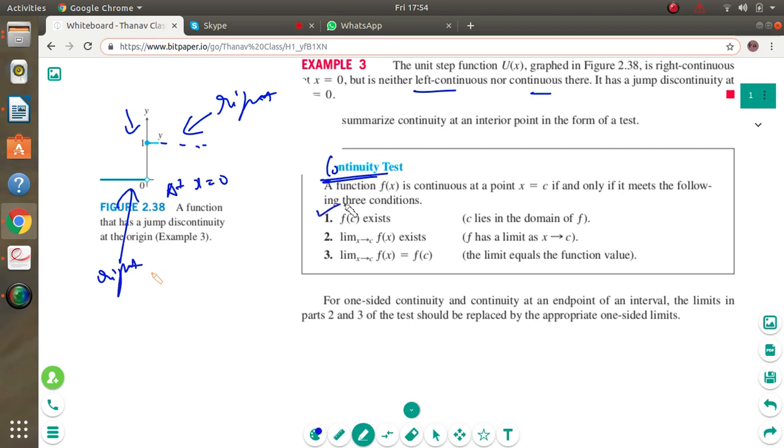The first one is f(c) exists. Second, the limit as x tends to c of f(x) exists. Third, the limit as x tends to c of f(x) is equal to f(c). If these three conditions hold, we can say the function f is continuous at the point x equal to c.